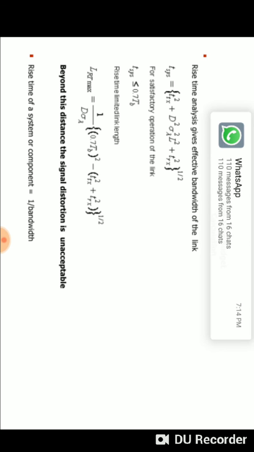The link length equation we got in the power budget approach was in terms of alpha max and loss in dB per kilometer. Here the rise time limited link length is given by LRT max equals 1 divided by D gamma lambda, times [(0.7 TB) squared minus (TTX squared plus TRX squared)] whole bracket raised to 1/2.